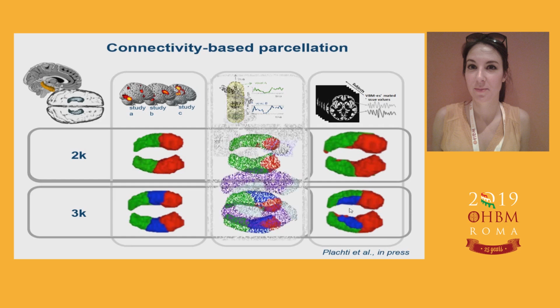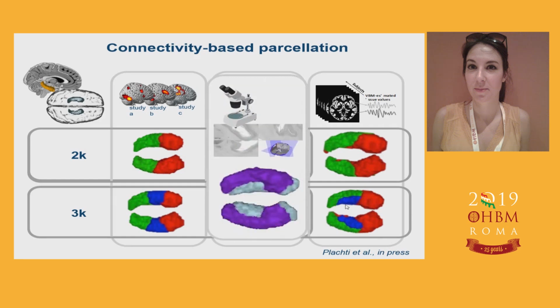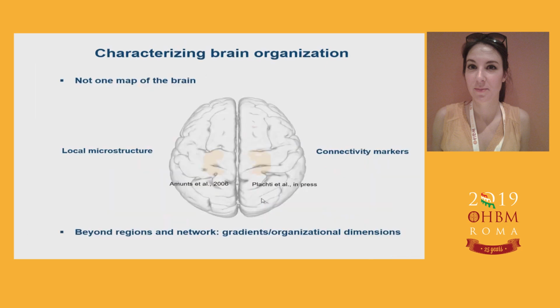Then already at a three cluster solution we have a differentiation along the medial lateral axis, which really resembles what we see from cytoarchitecture as the subdivision between subiculum and CA fields.